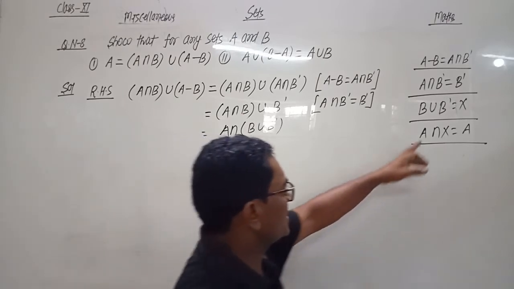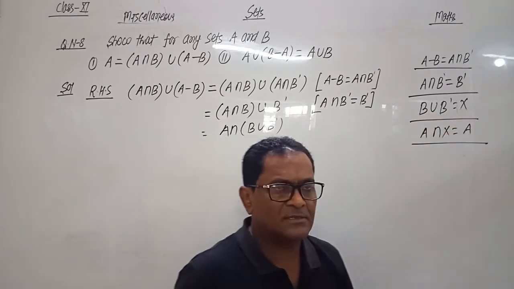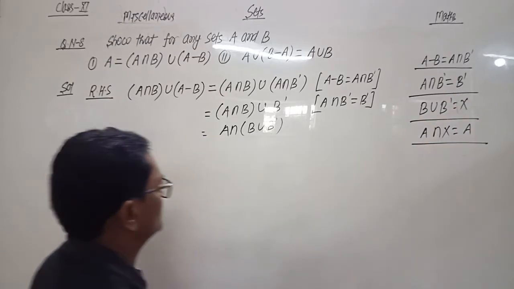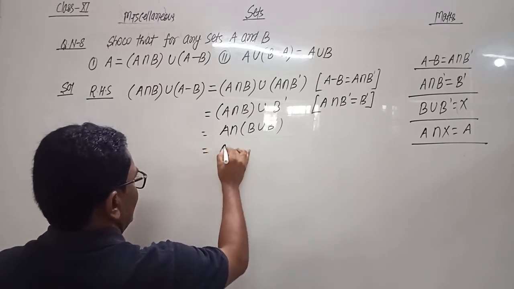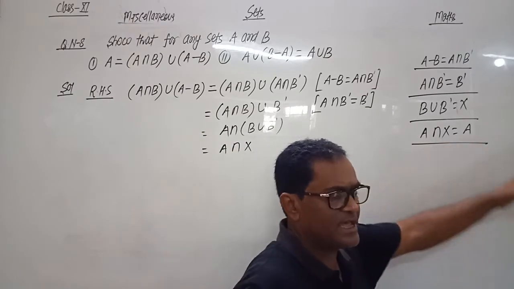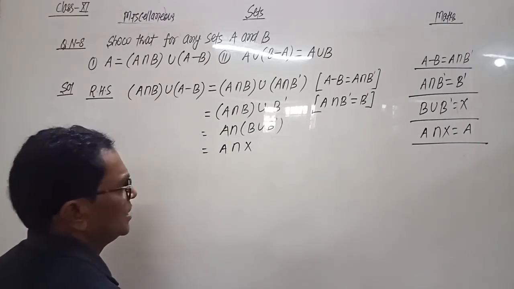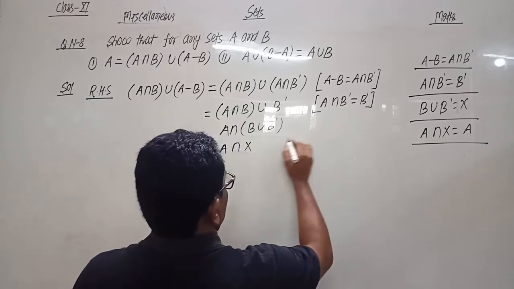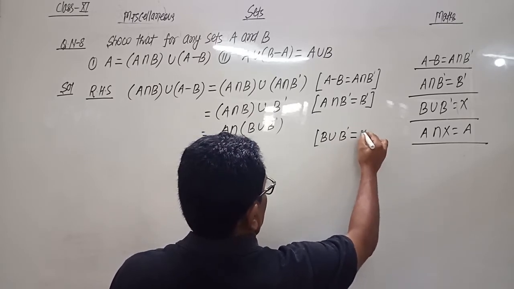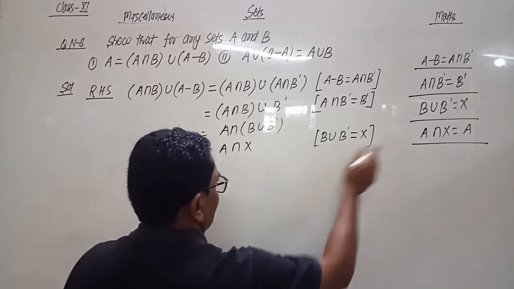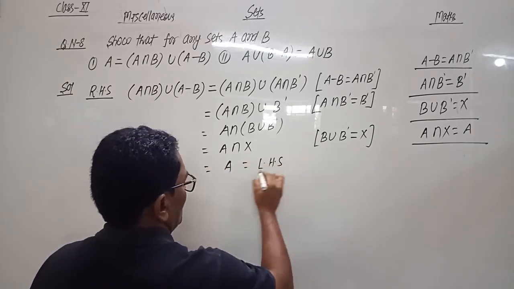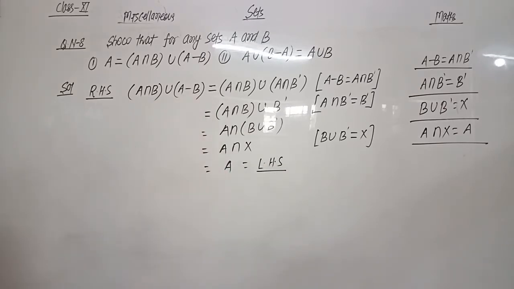And the third result: B union B dash is X. A union A dash will also be X. C union C dash will also be X. So B union B dash is written as X. So A intersection X, and the last result, A intersection X is equal to A. So we get the result LHS. So by solving RHS we get LHS.